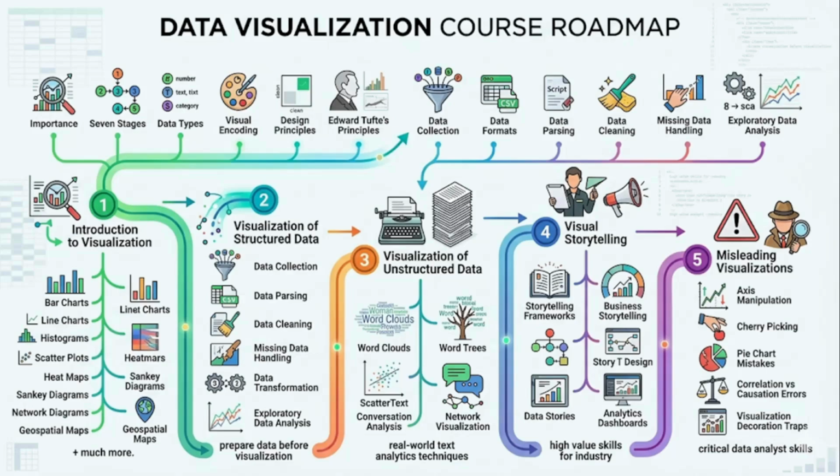We will discuss the importance of choosing the right chart for the right type of data and explore the design principles that help create impactful visualizations. As we move further into the course, we will study a wide variety of visualization techniques. You will learn various types of charts like bar charts, line charts, scatter plots, histograms, heat maps, geographical maps, network designs, and many other visualization methods used by professionals around the world.